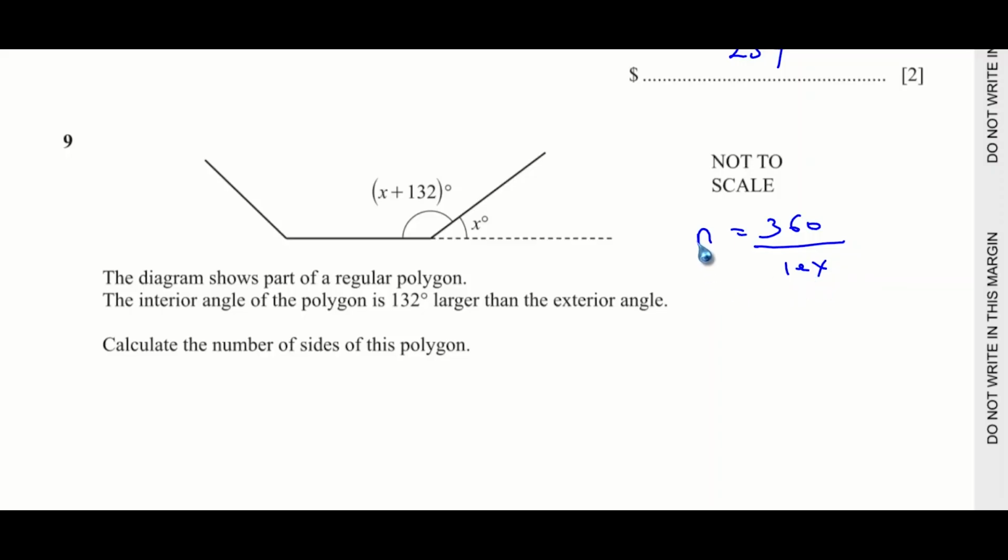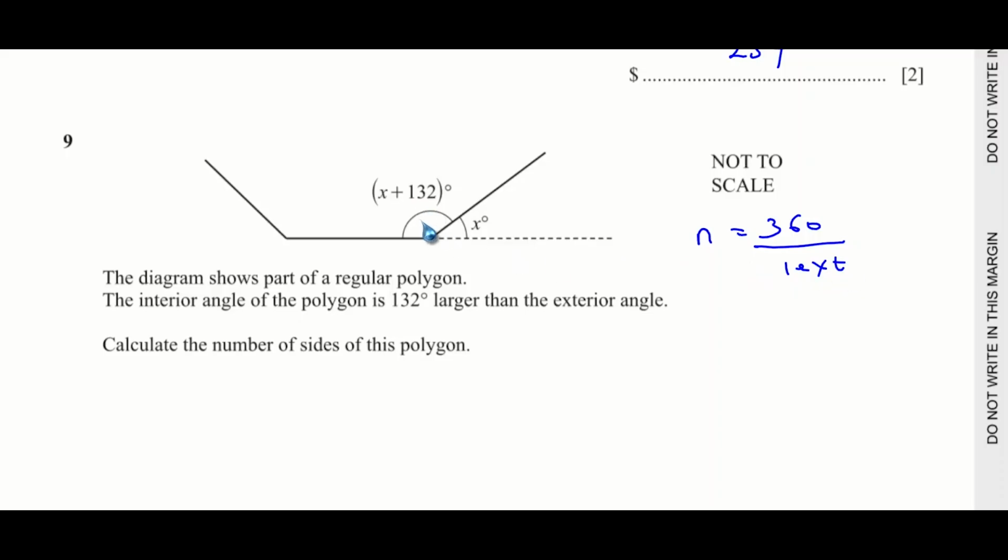It is easy to get the number of sides here because we have a regular polygon, and all the exterior angles are equal. So it's easy when you know the value of the exterior angle. The total sum of the exterior angles is 360 degrees. So from here we can calculate the value of x, which is one exterior angle.